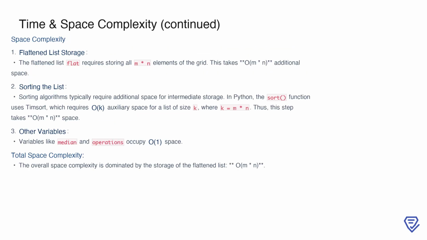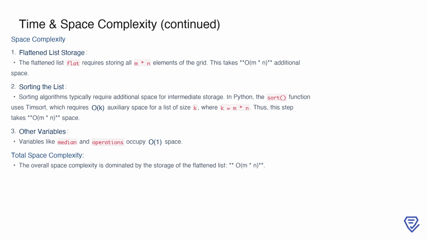In terms of space complexity, the primary contributor is the storage of the flattened list. This requires storing all m*n elements, resulting in an additional space complexity of m*n. Sorting the list also requires auxiliary space. Python's timsort algorithm, used by the sort function, typically requires k space for a list of size k.